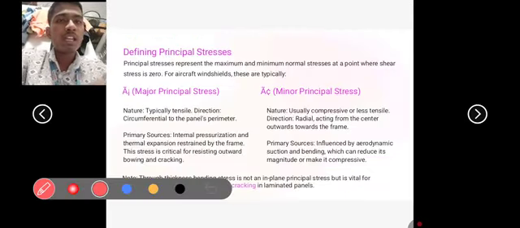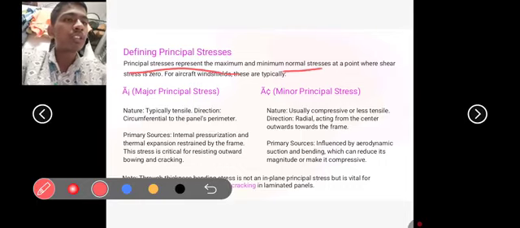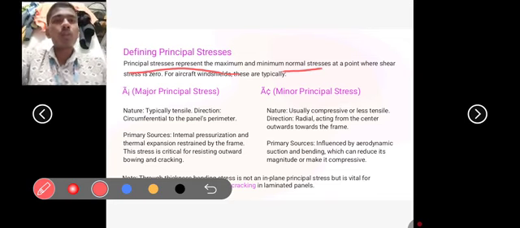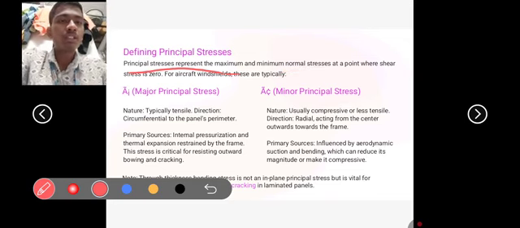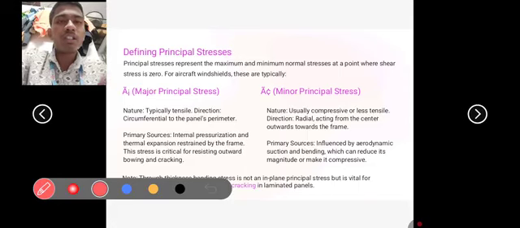Second, defining principal stresses. Principal stresses represent the maximum and minimum normal stresses at a point where shear stress is zero. For an aircraft windshield, these are the typical major principal stresses. Nature: typically tensile.